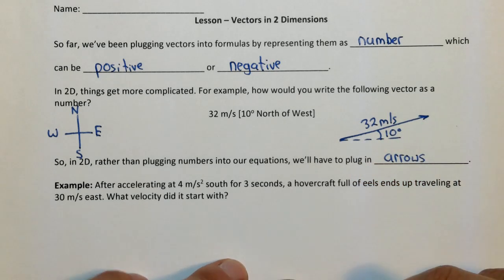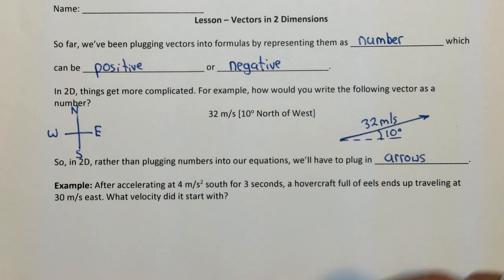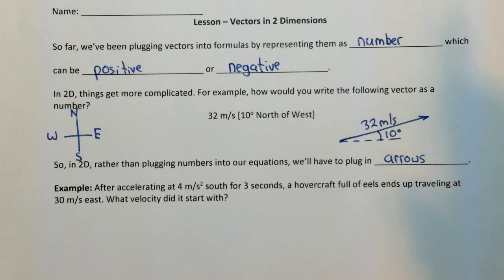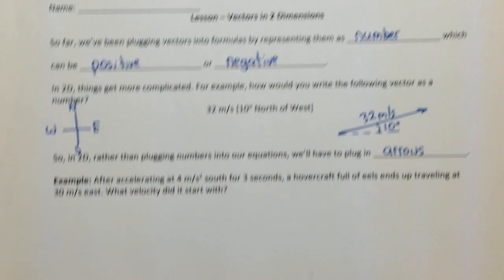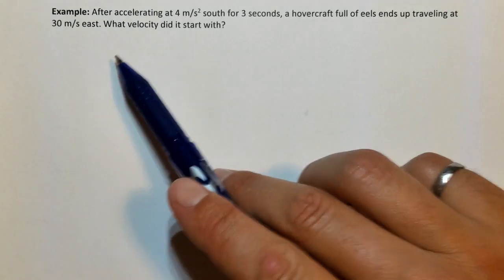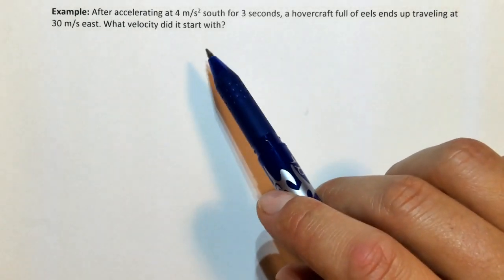Let's jump into an example of how we might do this. After accelerating at 4 meters per second squared south for 3 seconds, a hovercraft full of eels ends up traveling at 30 meters per second east. What velocity did it start with?